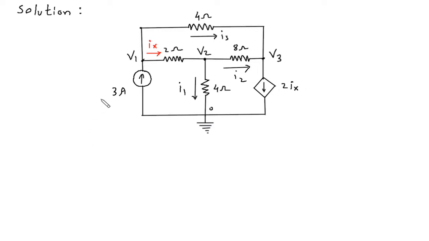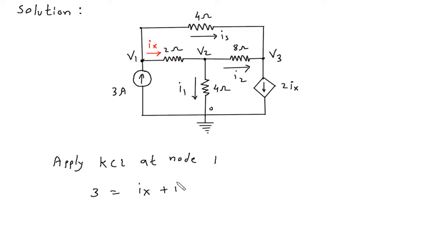Now we will apply KCL at node 1. The entering current is 3, the leaving current is Ix plus I3.